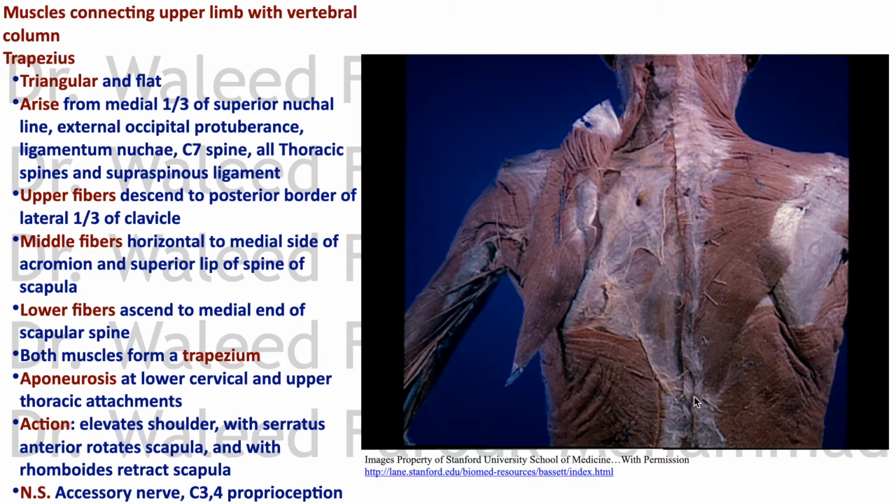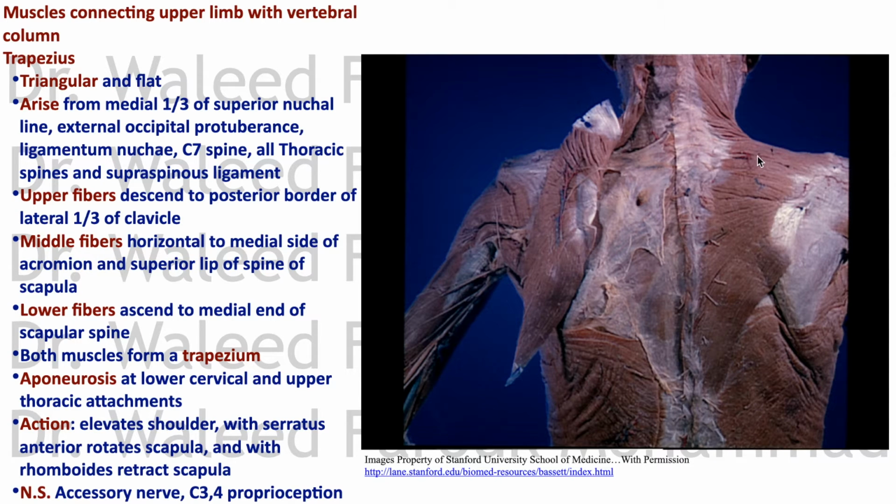So you can divide the fibers of the trapezius into superior fibers, descending fibers, middle fibers, transverse fibers, and inferior fibers or ascending fibers. The upper fibers descend to the posterior border of the lateral third of the clavicle.